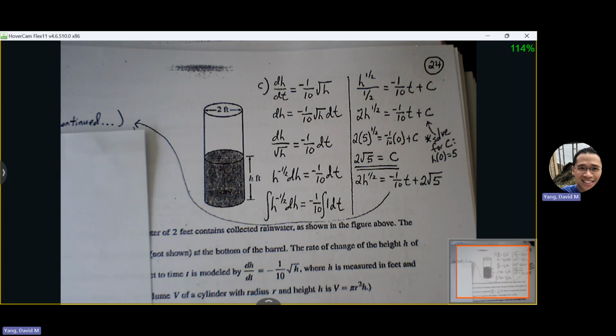Cross multiply, and move terms in a way where your h's are on the left and everything else is on the right.